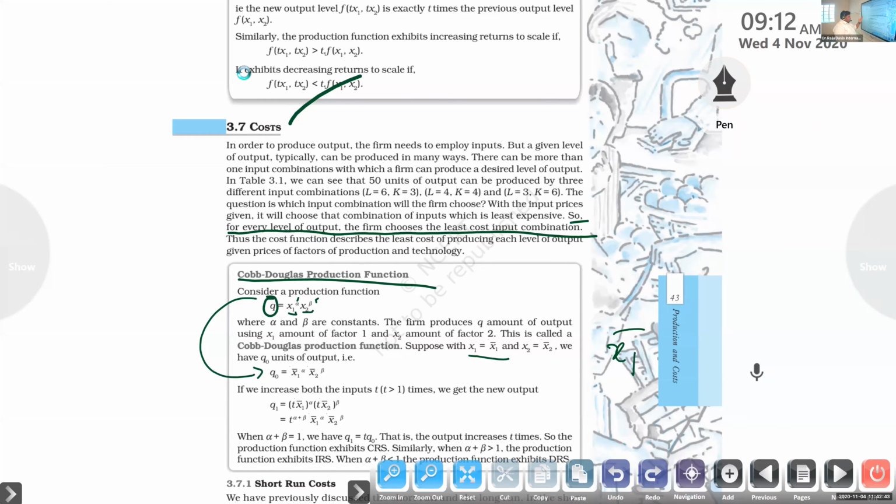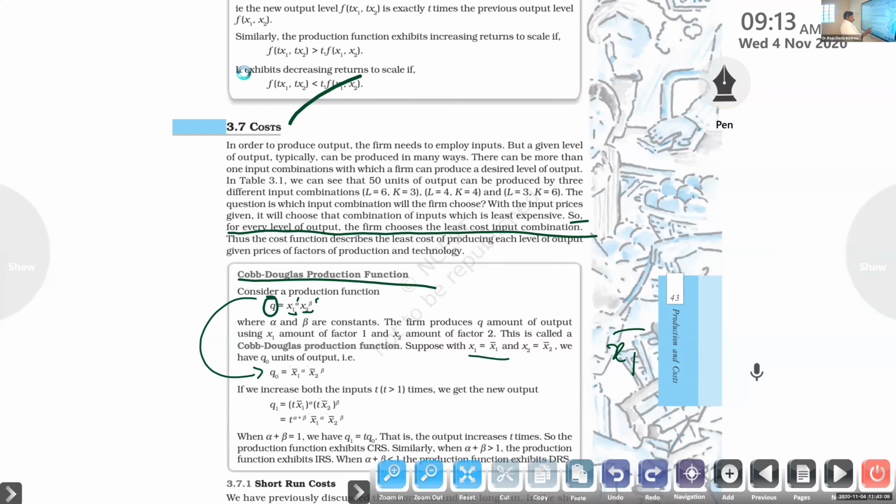So we increase the inputs t times, new inputs are formed, and as a relation, a new output also. So Q1 is equal to t x1 bar raised to alpha multiplied by t x2 bar raised to beta.